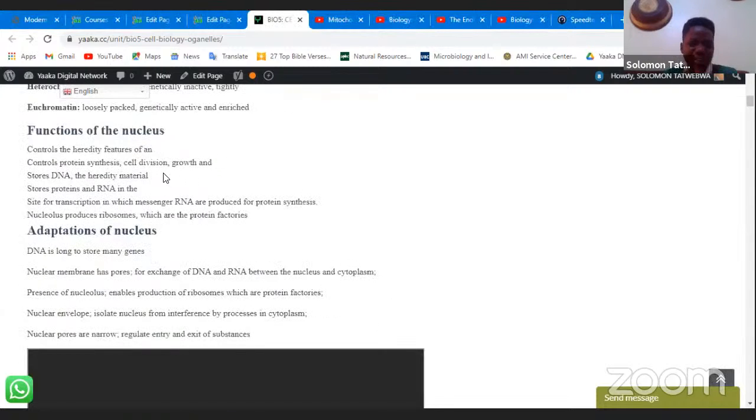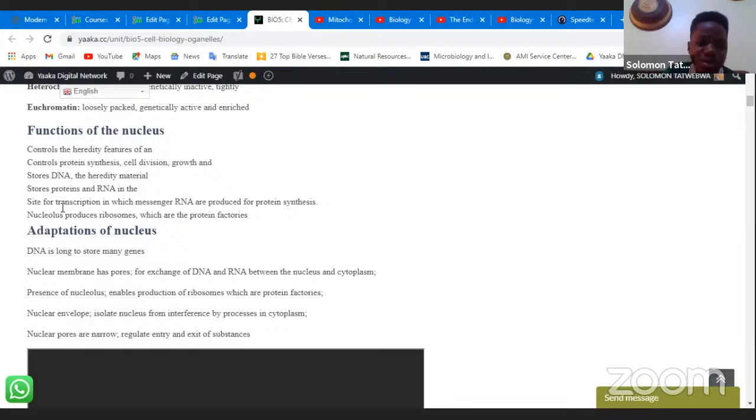Let's look at the functions of the nucleus. The first function of the nucleus is that it controls hereditary features of an organism. It controls protein synthesis, cell division, growth, and many others. It stores DNA, which is the hereditary material, and stores proteins and RNA.